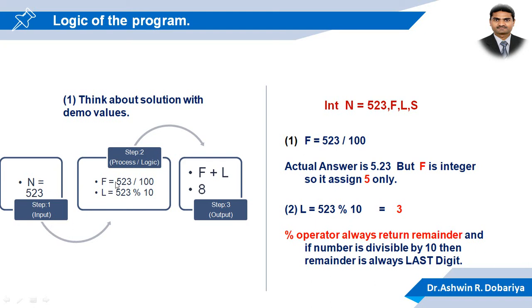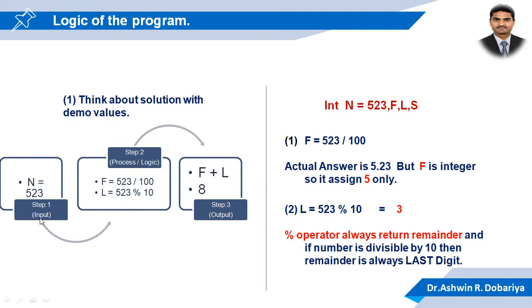Generally we will think in 3 steps. First step: suppose our input value is the number 523. Accordingly we also have to think about the number of variables required in this program. One variable we will declare for the input value, suppose n. So 523 is our first step in the program.